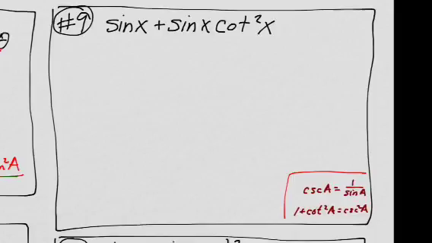But the way I think about it is, as I'm looking at this, I see there's two things being added. There's the sine x plus sine x cotangent squared x. So there's two things being added, and they both have within them the sine x. So if I take out or divide out that sine x, that's the distributive property, then what's left over?